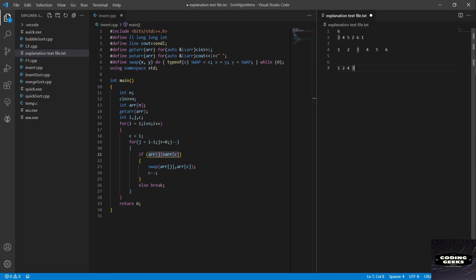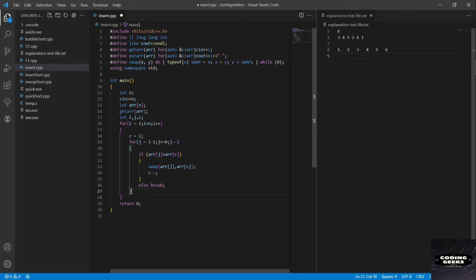And when this 3 comes, its chance comes. It realizes that 4 is greater than me, so it should be behind me. So you just take 3 and swap. And when you realize that between 2 and 3, 2 is less than 3, the else break statement will be activated. That's what's going to happen, and it will be sorted finally.